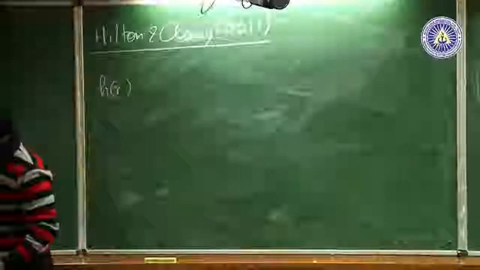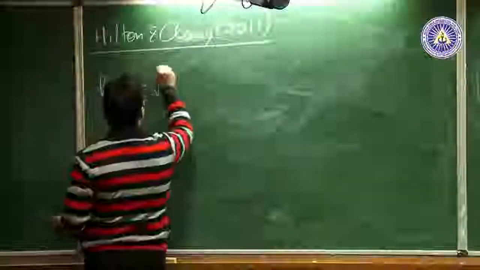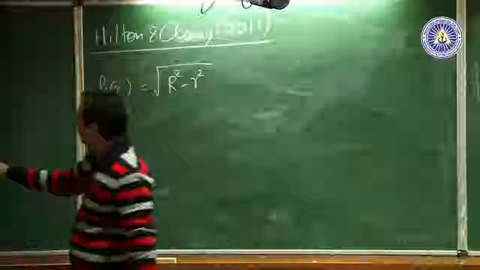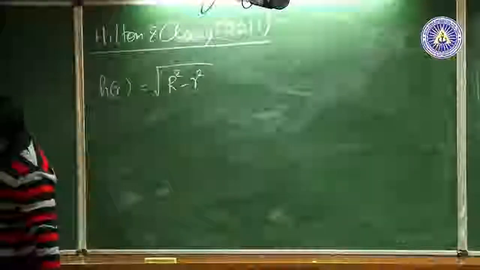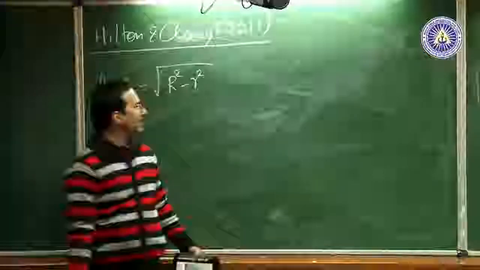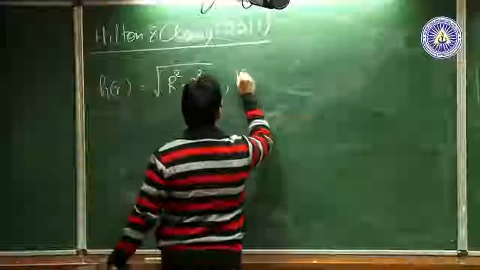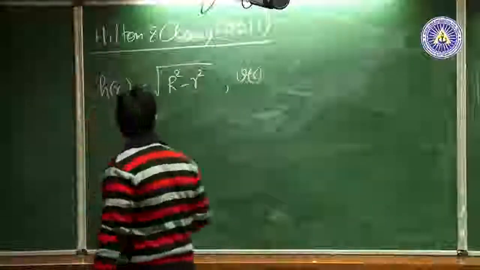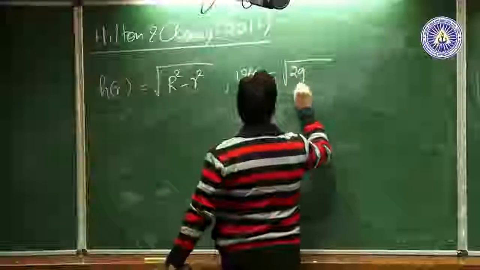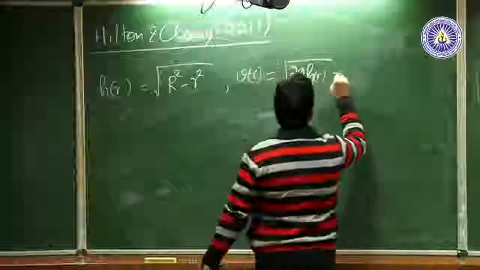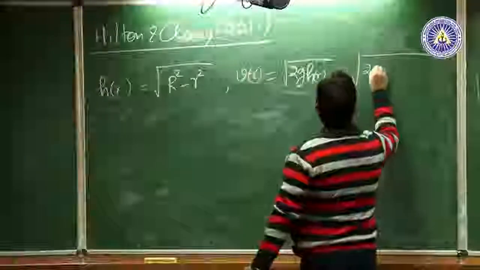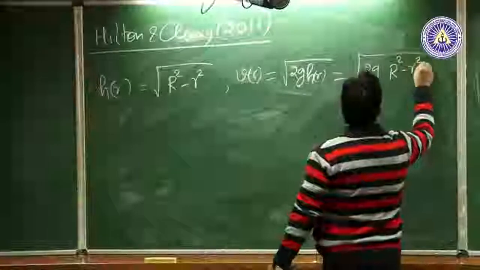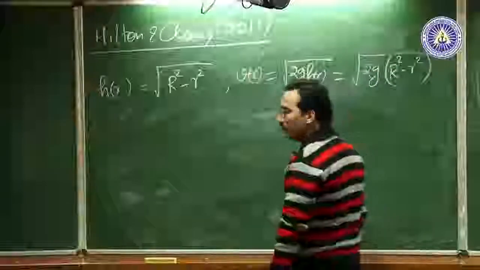This is going to be capital R, this is small r, so h of r is going to be this, and so then your velocity for the particles which are at that value of r is simply root 2g h of r, which essentially becomes square root of 2 times gravity times (R square minus r square) raised to power 1/4.